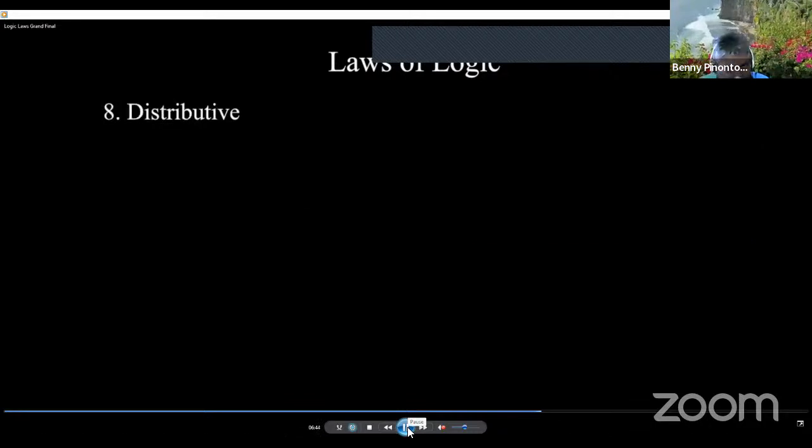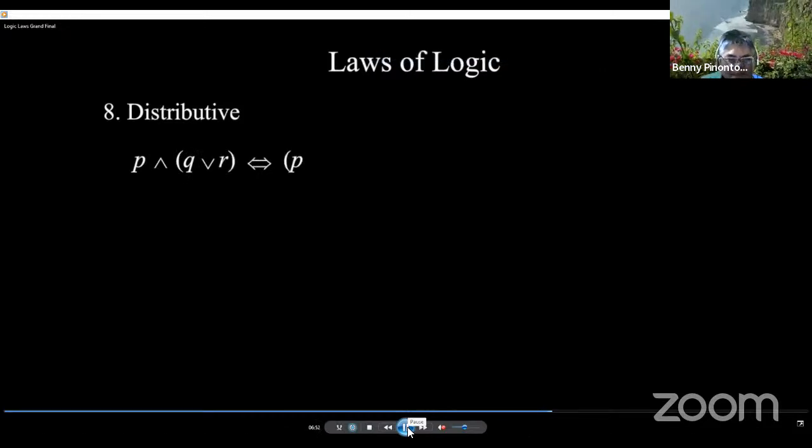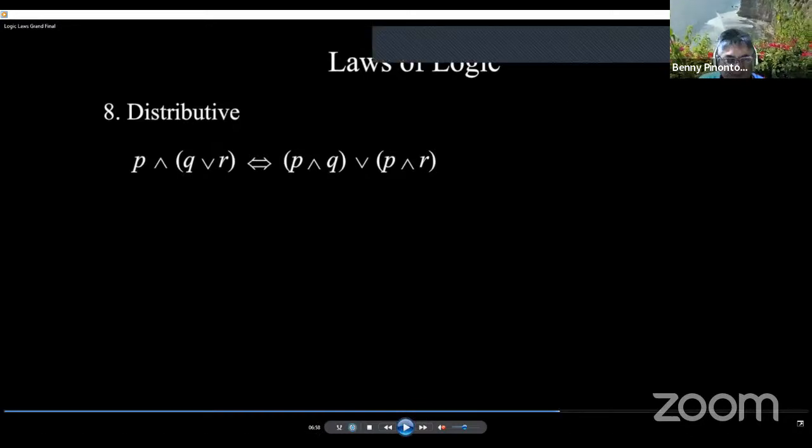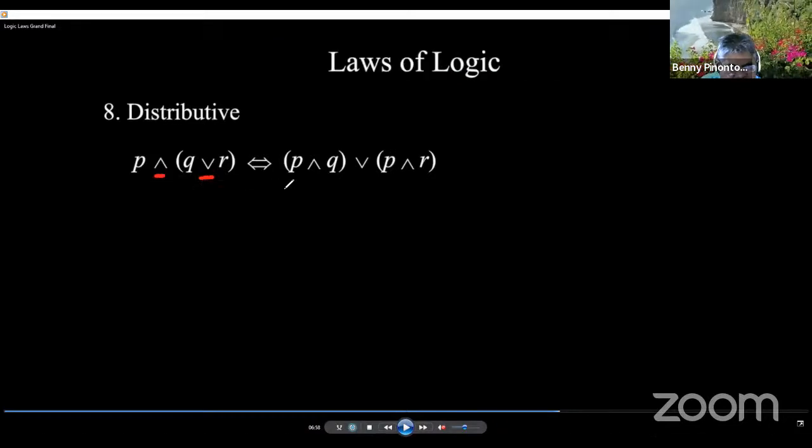Okay. And then the distributive law. Maybe you know this from arithmetic. Now, this is AND, and that is OR.